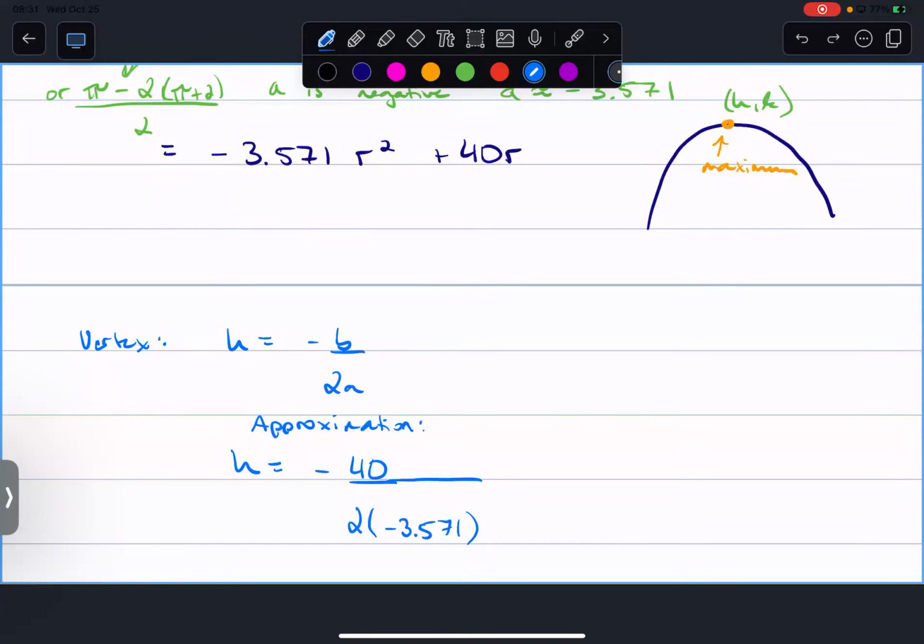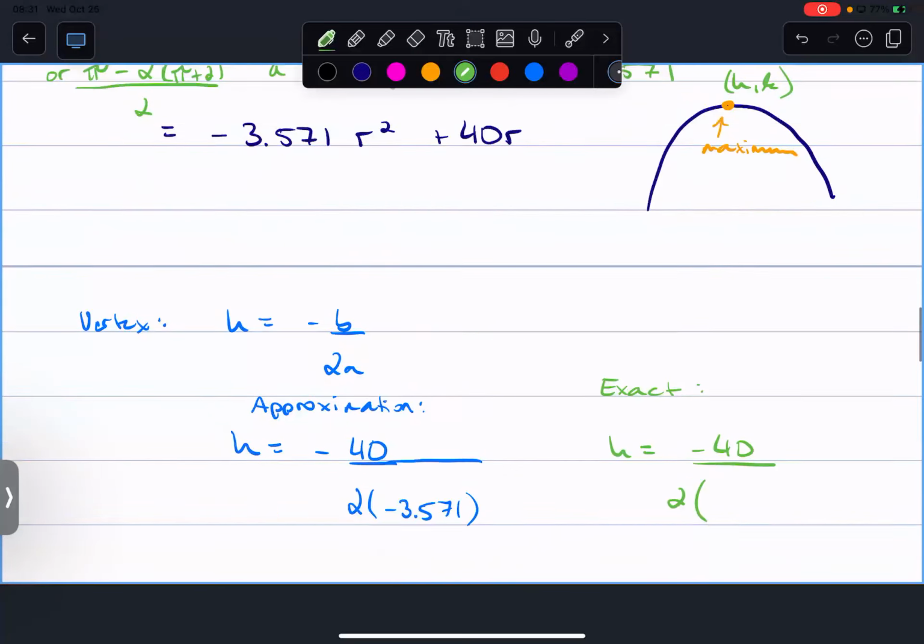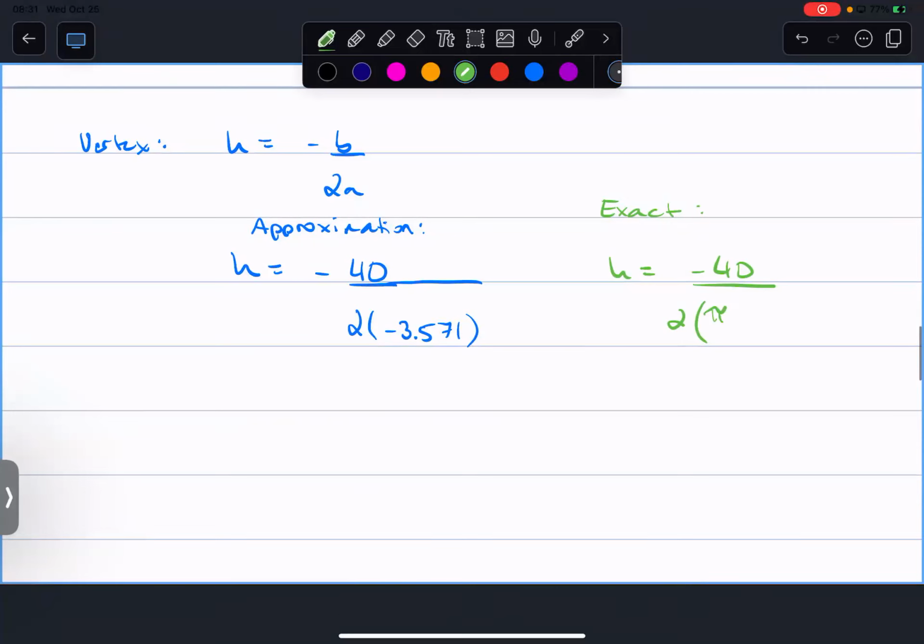The exact version. Exact is just when I keep the pi as pi, right? Keep all the fractions. Then I get h is negative 40 still divided by 2 times pi minus 2 pi plus 2, all divided by 2.